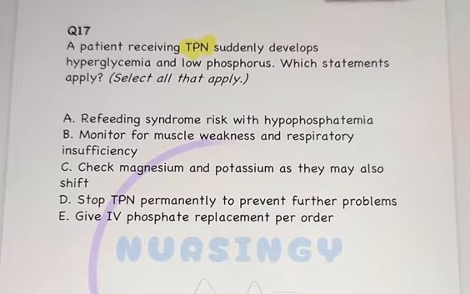It will cause a shift in the electrolytes and fluid and a sudden influx of glucose, because for glucose we need potassium, we need phosphorus, we need magnesium. That will change everything. Refeeding syndrome risk with hypophosphatemia. Is A correct?